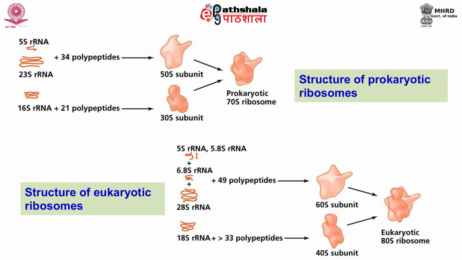The smaller subunits of both types of ribosomes are simple, consisting of only one type of rRNA. The 30S subunit includes 16S rRNA and 21 polypeptides, while the 40S subunit has 18S rRNA and more than 33 polypeptides.